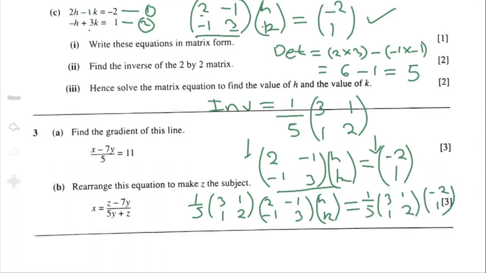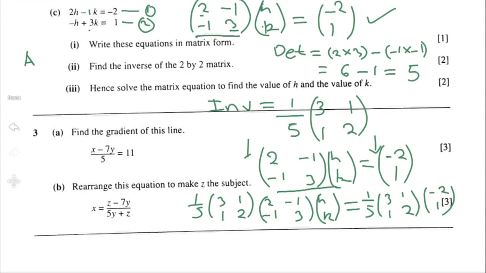If you have a matrix A multiplied by A inverse, that should always be equal to the identity matrix. Similarly, A inverse multiplied by A should be equal to our 2 by 2 identity matrix.